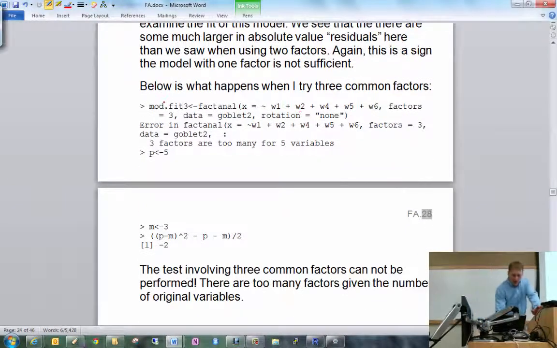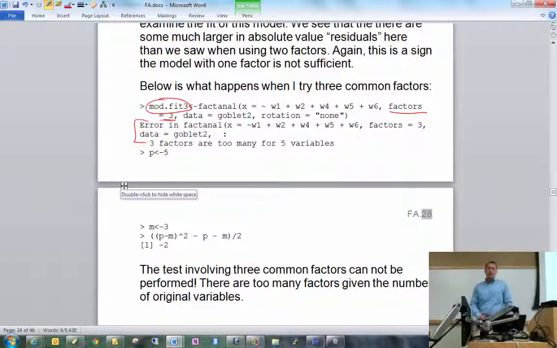So, I put the results into mod.fit3. I say factors equal 3, and then we run into a problem. 3 factors are too many for 5 variables. This now relates to some of the problems that I was illustrating to you last time with these factor analysis models.